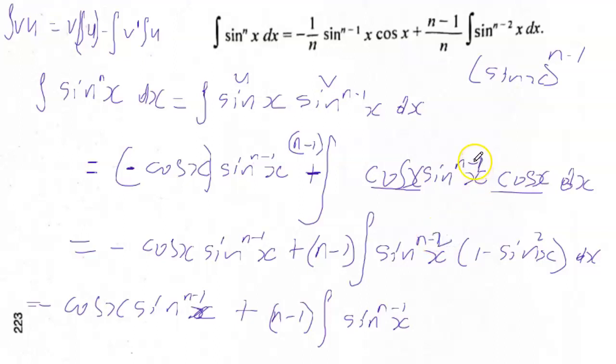And sine x to the power n minus 2 times the other term, minus sine square, gives minus sine x to the power n, because the laws of indices add the powers. Good?